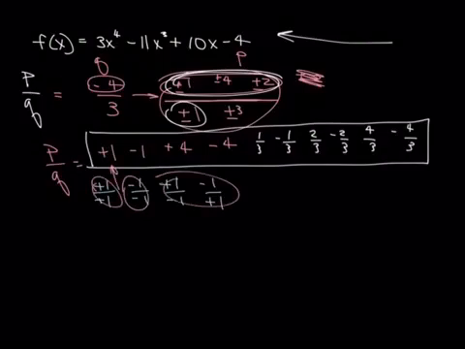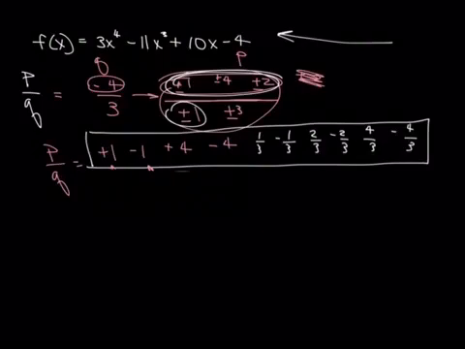And these two are both negative 1, so I just write it there. So even though I get 4 different possibilities, if they repeat themselves, then I don't have to put them all down. Or I'd have, instead of 10 numbers, I'd have 20. But they'd be all the same. 2 of them would be the same. I'd have 2 plus 1s, 2 negative 1s, 2 plus 4s, 2 negative 4s, etc.